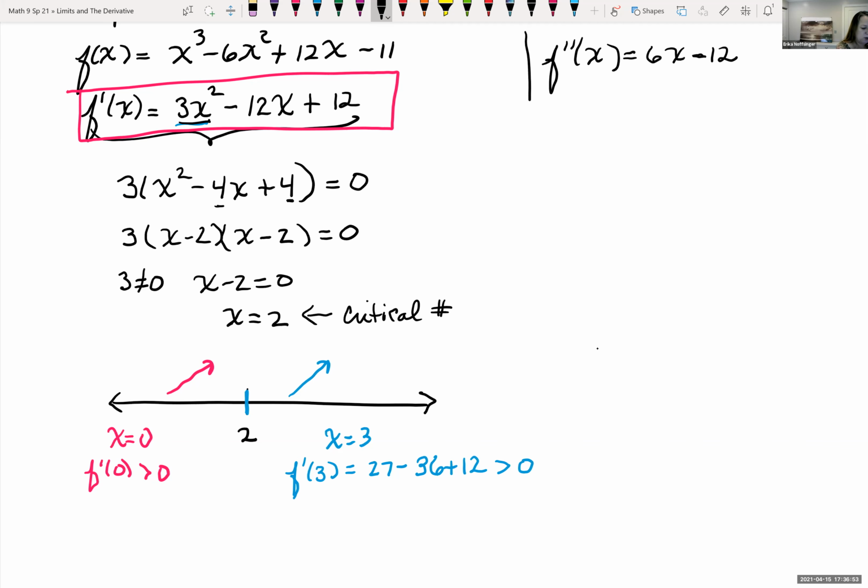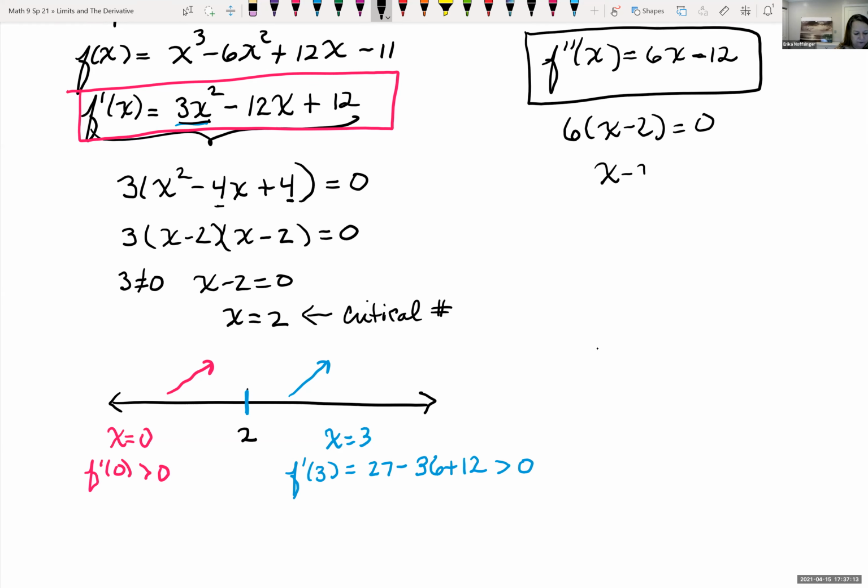So we want to look at when this is equal to 0. Let's factor out a 6 while we're there. Pulling out a 6, we get x minus 2 equals 0. And so I can see that at x equals 2, that also looks like an inflection point. x equals 2.